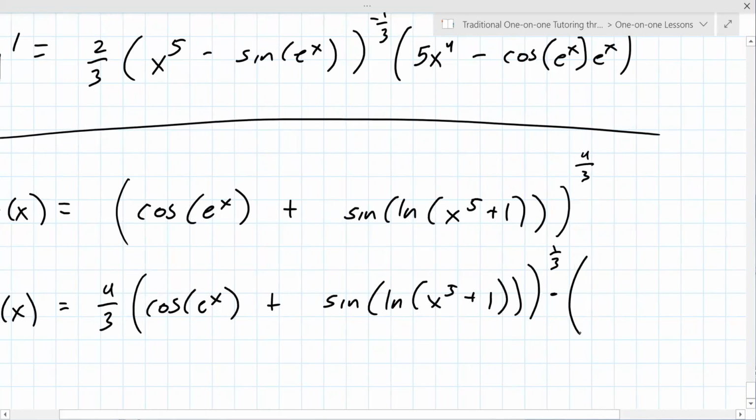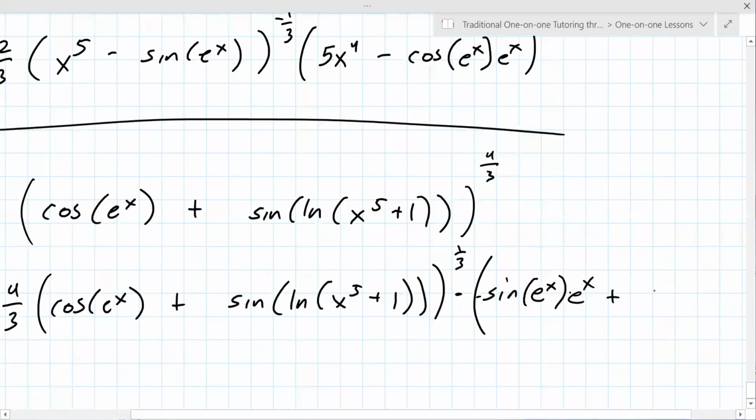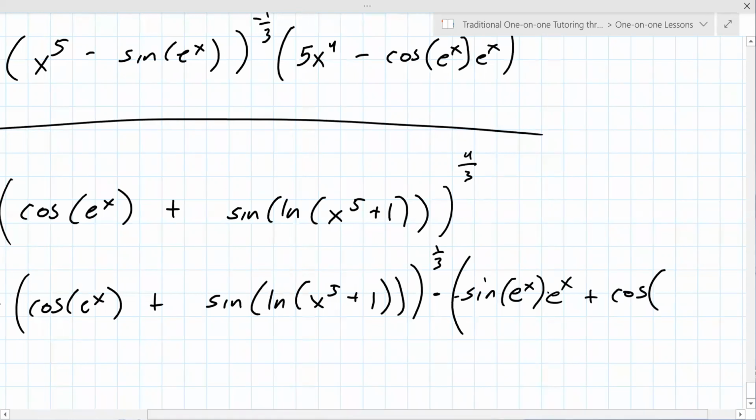Okay, times negative sine of e to the x. Okay. Then times e to the x again. Plus cos, then ln, then 1 over x to the fifth plus 1.